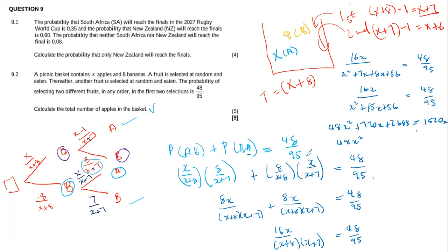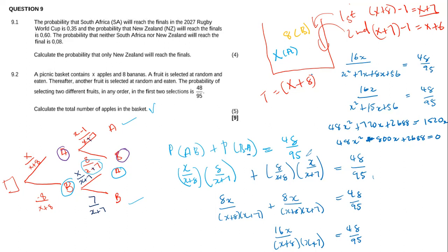Let's not forget the x. I'm going to transpose this to the other side: 1520 minus 720 gives 800. So we have 48x squared minus 800x plus 2688 equals 0.